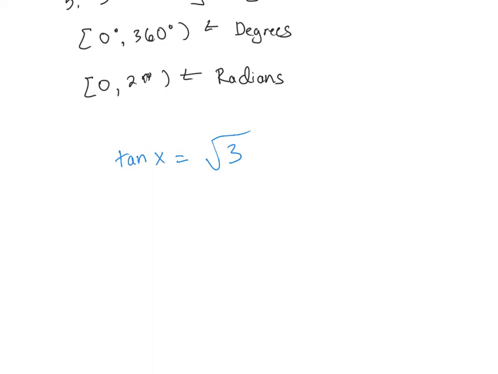I know that since my tangent of x is positive, it has to end up either in the first quadrant or the third quadrant. So those are my two possible answers. And I want this answer in, let's do it in degrees, so 0 to 360 in that interval.